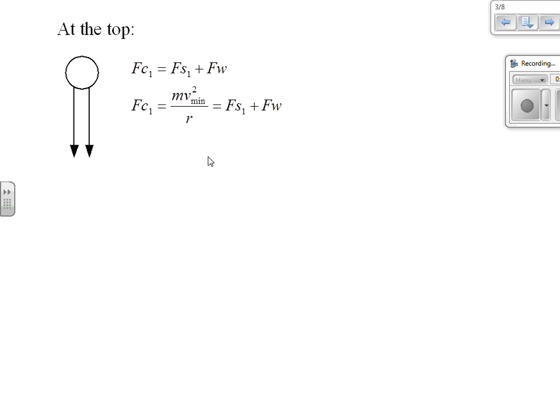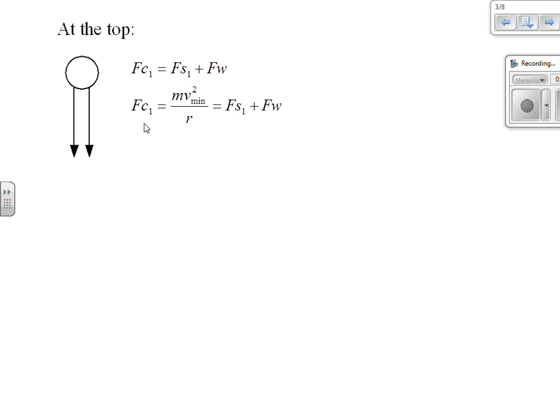If I'm going fast, yes, absolutely. But if I'm going slower, then there's some magical speed where the tension in the string is zero, but it just holds onto that circular path because of gravity. So the centripetal force at the top is the string force, the tension, plus the weight force.